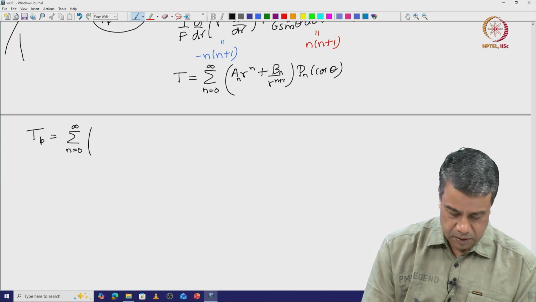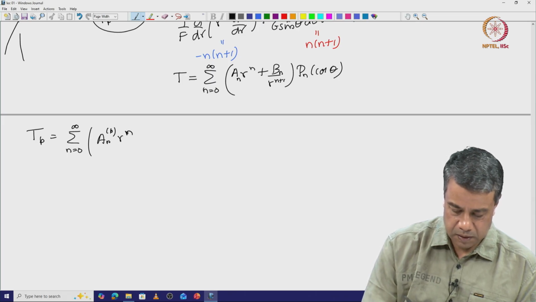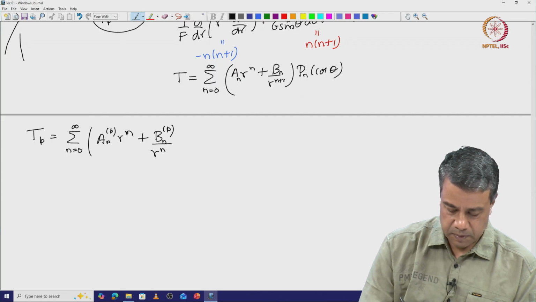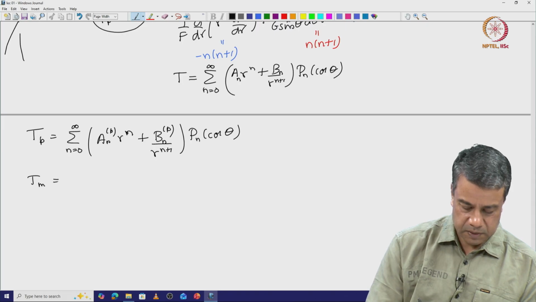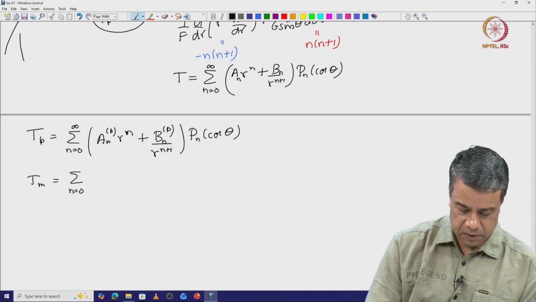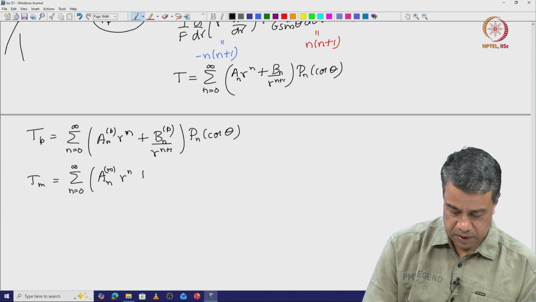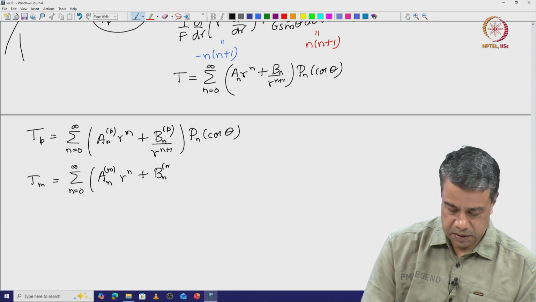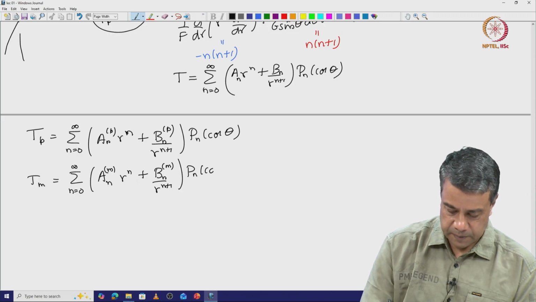A n particle r power n plus b n particle by r power n plus 1 into Pn of cos theta, okay, and T matrix is equal to summation n is equal to 0 to infinity of a n matrix r power n plus b n matrix by r power n plus 1 Pn of cos theta.